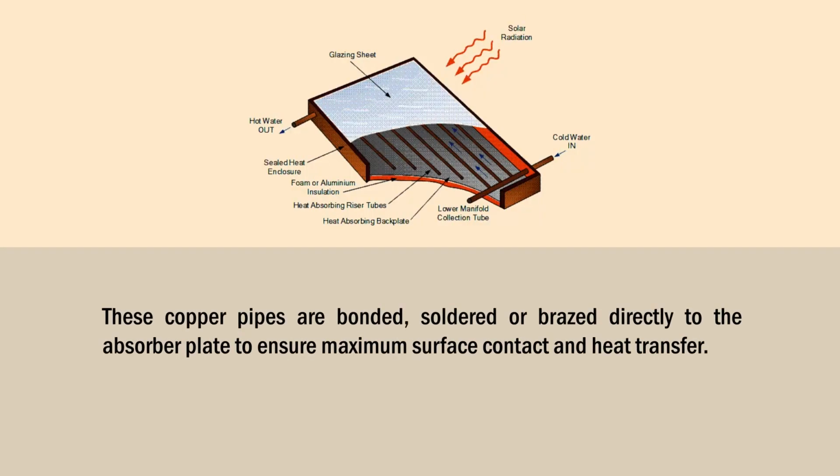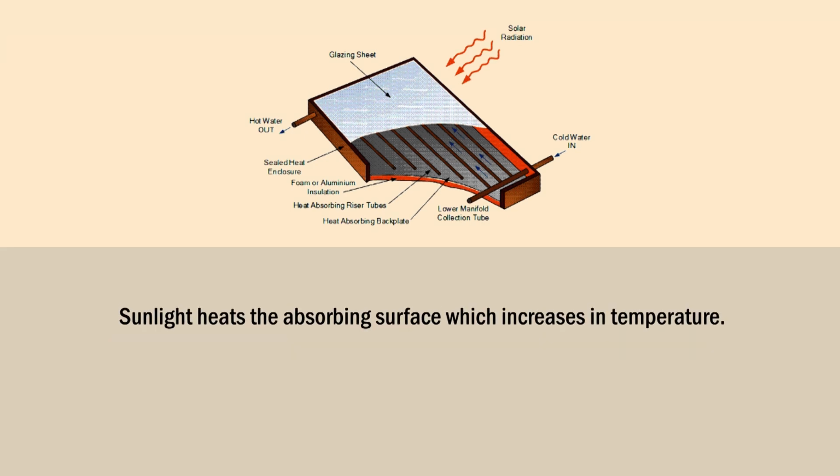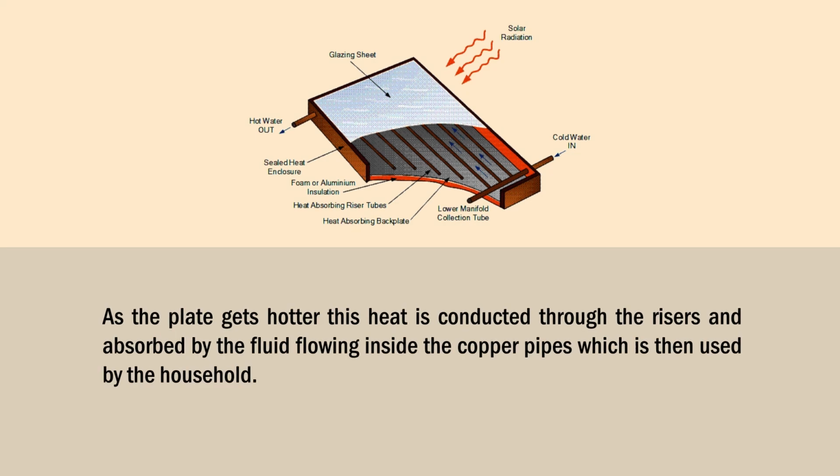These copper pipes are bonded, soldered or brazed directly to the absorber plate to ensure maximum surface contact and heat transfer. Sunlight heats the absorbing surface, which increases in temperature. As the plate gets hotter, this heat is conducted through the riser and absorbed by the fluid flowing inside the copper pipe, which is then used by the household.